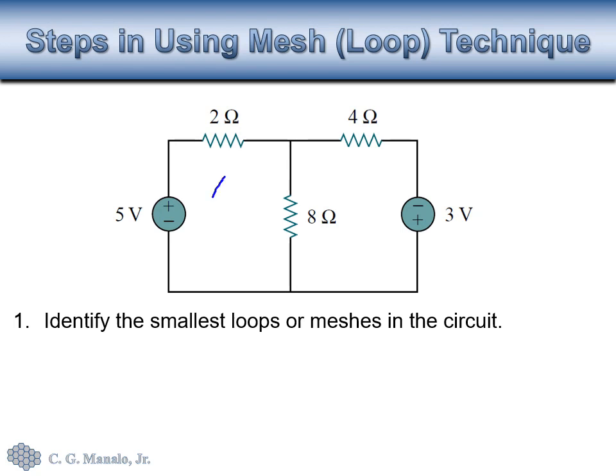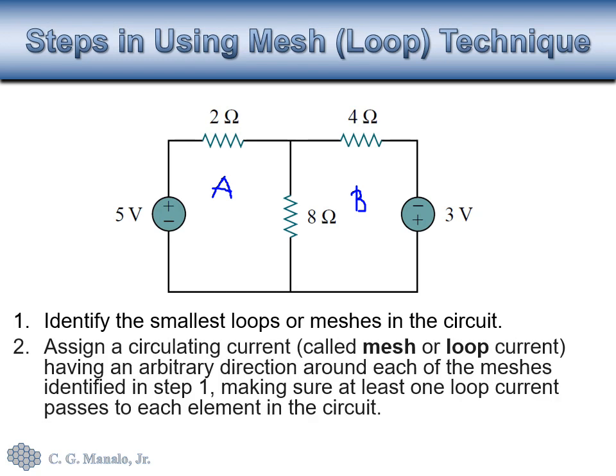Let's label this as loop A, and this one is loop B. The next step is to assign a circulating current with an arbitrary direction in each of these loops. So we'll assign a loop current. Let's call this I sub A, and this one is I sub B.